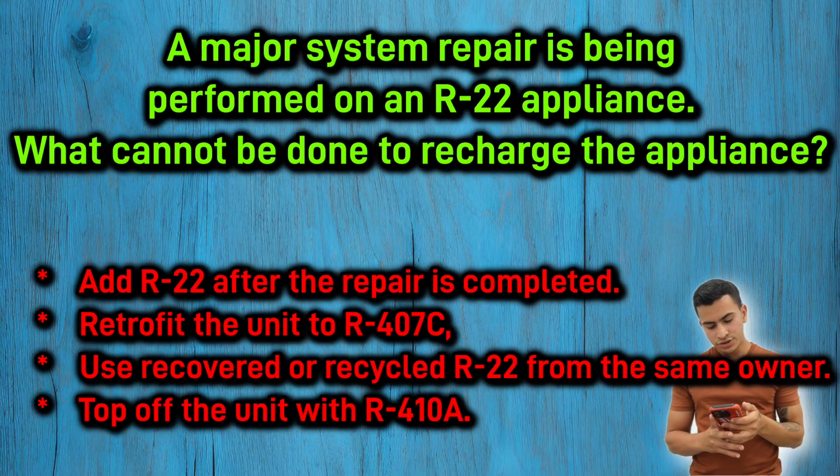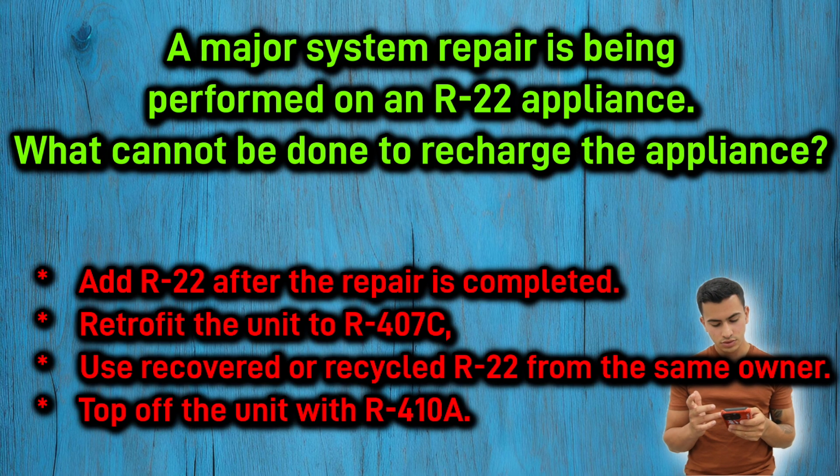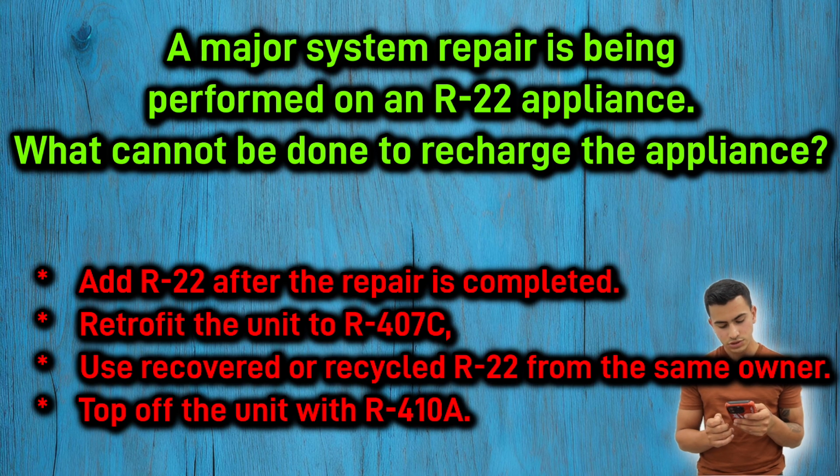11. A major system repair is being performed on an R22 appliance. What cannot be done to recharge the appliance? Add R22 after the repair is complete. Retrofit the unit to R407C.